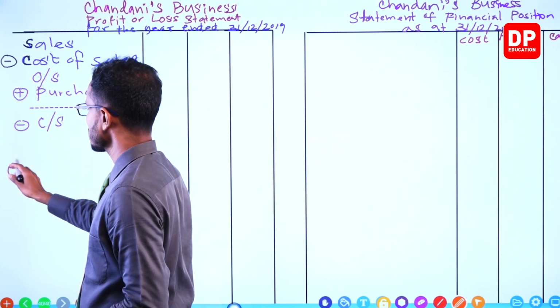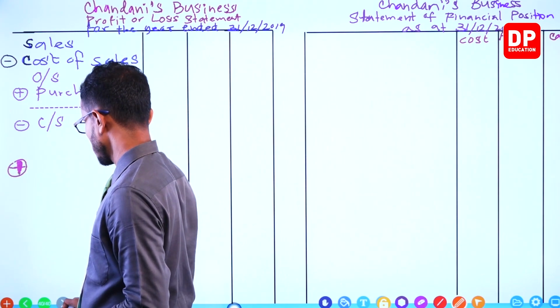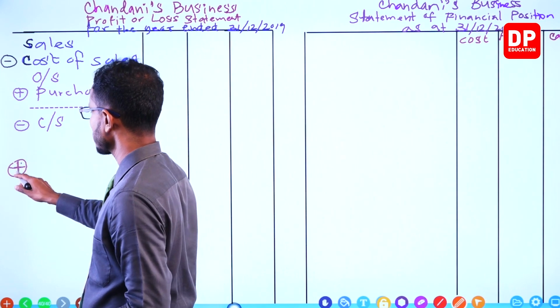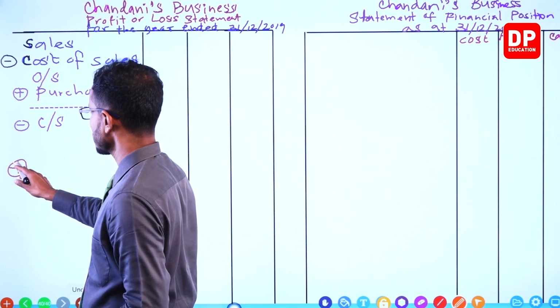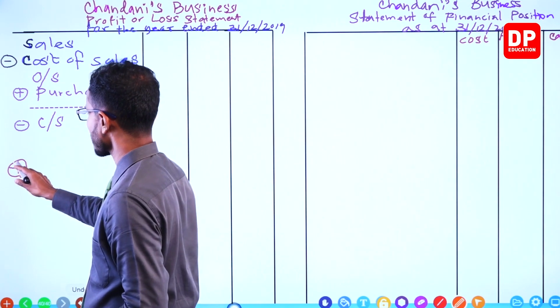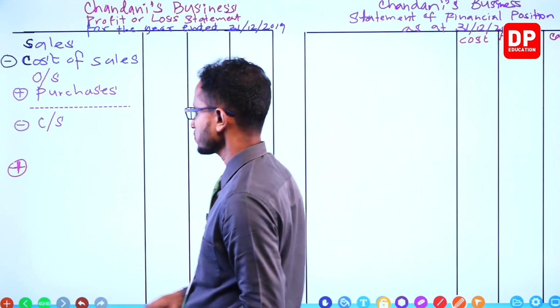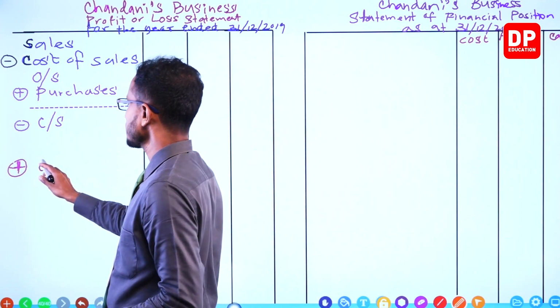Next item is, actually the upper part is done when you get the gross profit. Then you get in the lower part, other incomes.